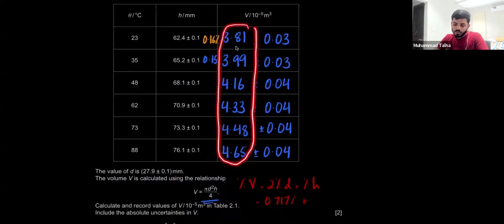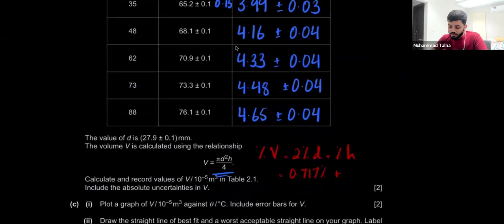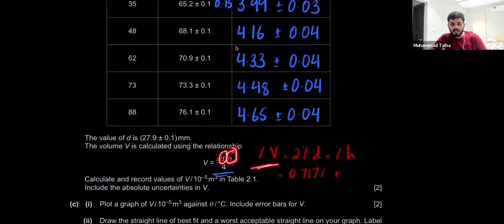And let me also just talk about the uncertainty calculation here a bit. So here, if you look at the relationship, because this is an algebraic relationship which defines how V is linked to these different quantities, I can basically talk about this in terms of percentage uncertainties. So the percentage uncertainty in V is twice the percentage uncertainty in D plus the percentage uncertainty in H. Now D is always this, right?